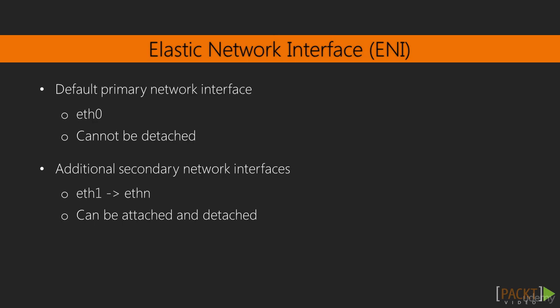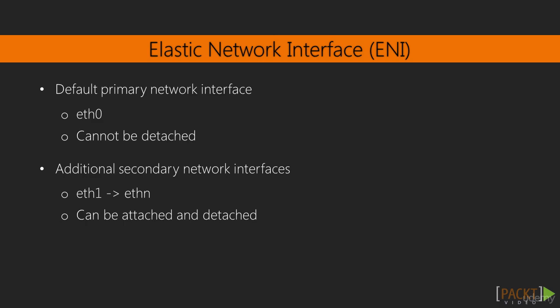The primary ENI cannot be detached from the instance. However, you can create additional ENIs and attach them as secondary network interfaces to an instance. This doesn't increase the overall network capacity of the instance, but you can detach a secondary ENI and move it to another instance. This will actually move the IP addresses with it.